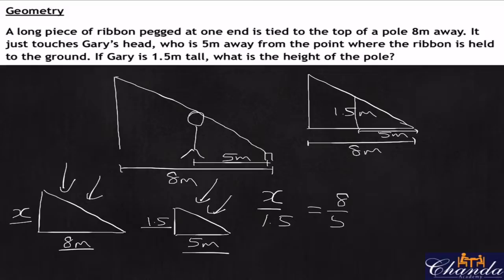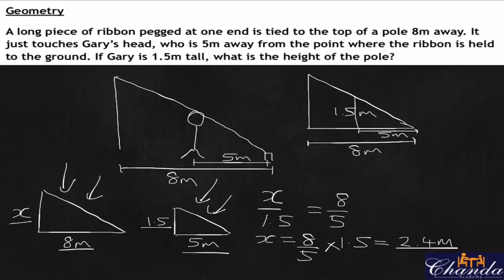So this ratio right here will tell us exactly what x is. So x is simply 8 over 5 times 1.5 using our algebra skills, and putting this straight into the calculator, I get a value of 2.4 meters. So to answer this question, what is the height of the pole? The height of the pole is 2.4 meters.